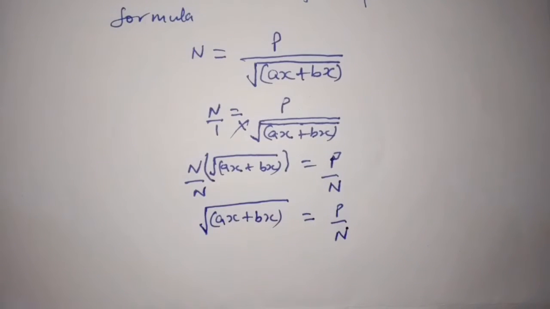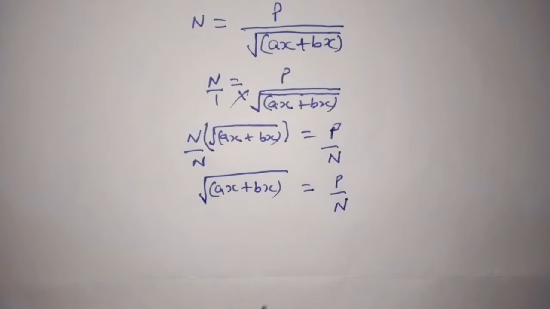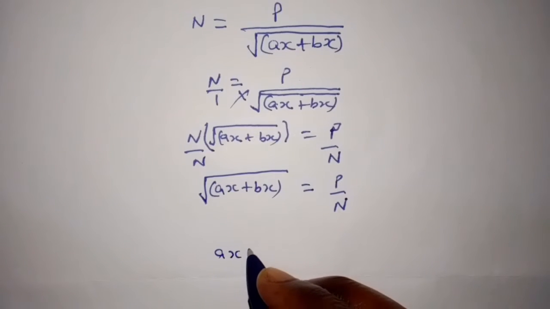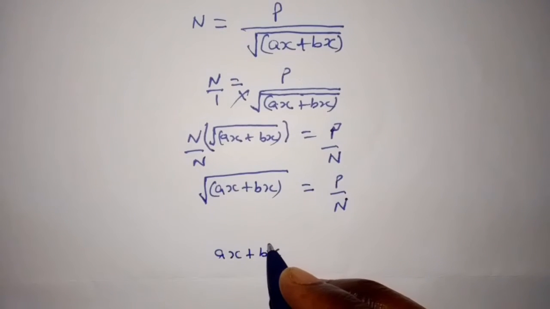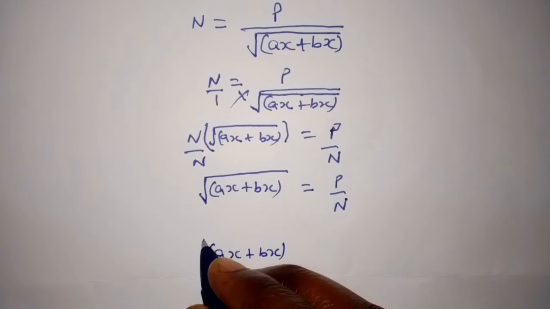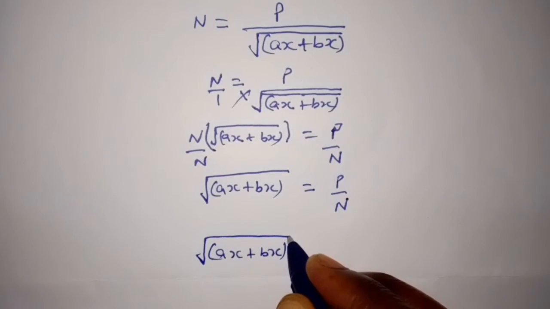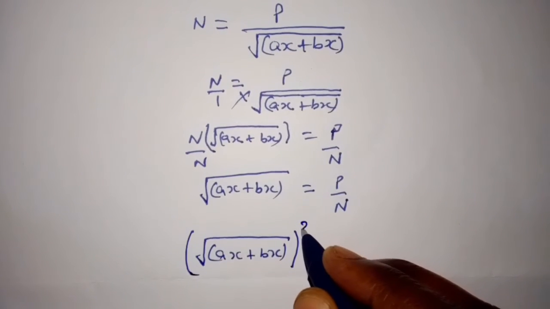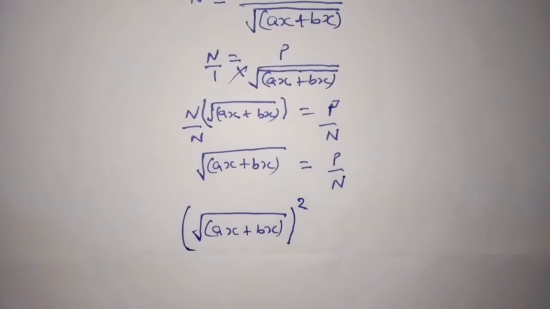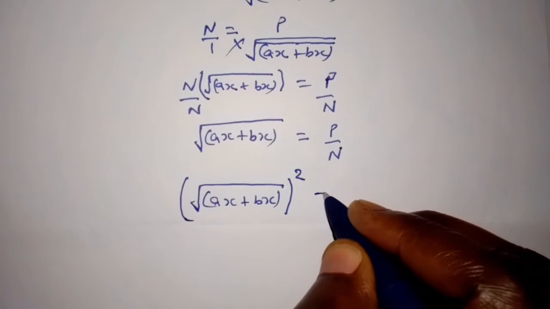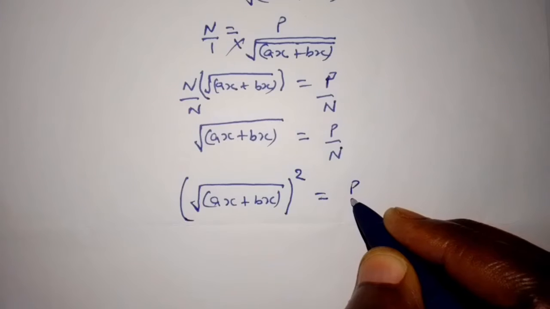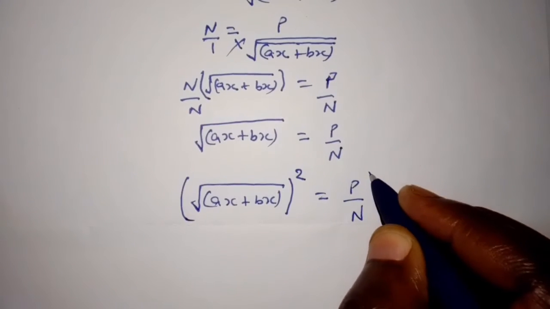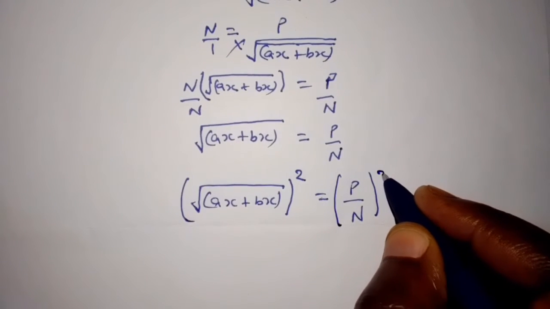Now we can square both sides. We can say that square root of ax plus bx, we square both sides, squared, is equal to p over n squared.